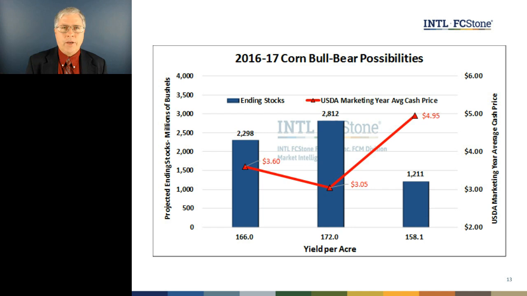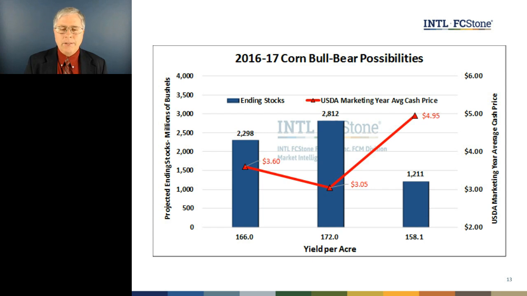The middle column would be a more bearish scenario of a higher yield, maybe softer demand. And on the far right would be a more bullish scenario, maybe a little bit stronger demand, maybe a little bit lower yield. So that kind of gives the parameters of the likely range.